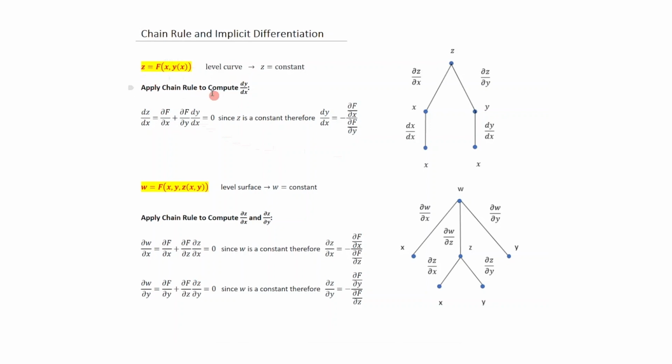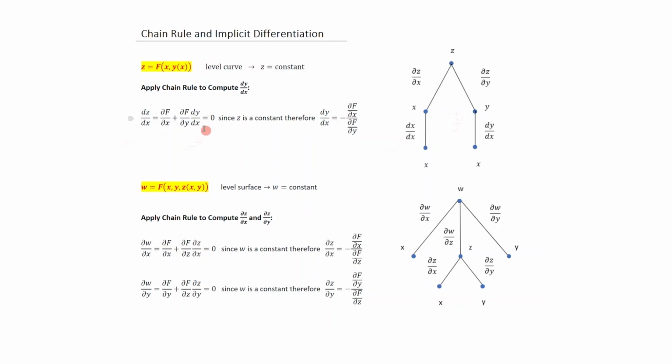So if we apply the chain rule to this expression, then we'd have dz/dx, which is a direct derivative, is ∂f/∂x plus ∂f/∂y times dy/dx, and the equivalent diagram is shown over on this side. But since z is a constant, it's a level curve, that means this is equal to 0. From this, therefore, we're able to compute dy/dx.